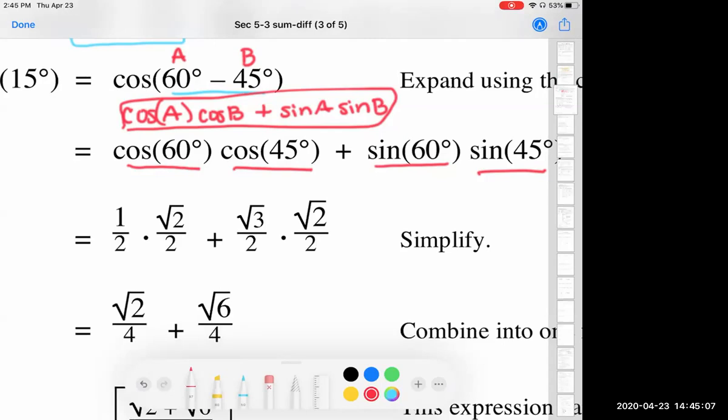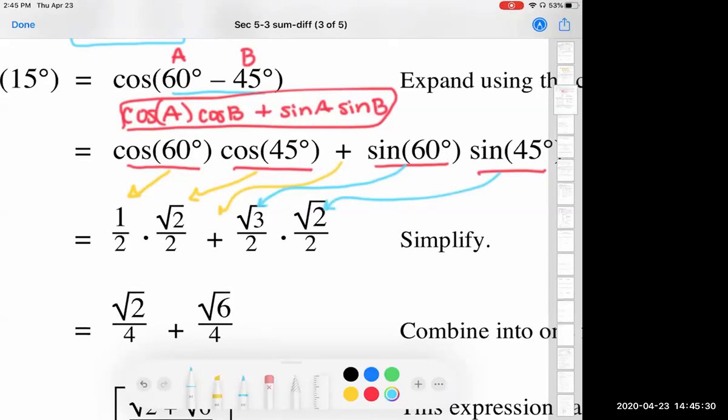So you take a look at your unit circle and you evaluate. Okay, so cosine of 60 is 1/2, cosine of 45 is radical 2 over 2, plus, make sure you write down your plus, and we have sine of 60 is radical 3 over 2, and sine of 45 is radical 2 over 2. Now we multiply.